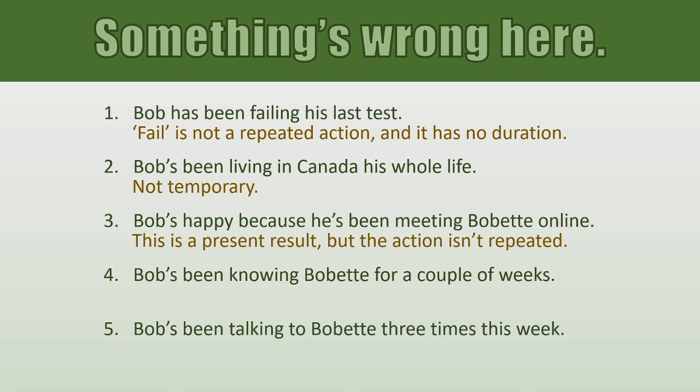Number 4, Bob's been knowing Bobette for a couple of weeks. Come on, think, what type of verb is this? It has to do with the type of verb. It's a state verb. We cannot use state verbs in any continuous tenses. Not present continuous, not past continuous. Number 5, Bob's been talking to Bobette 3 times this week.